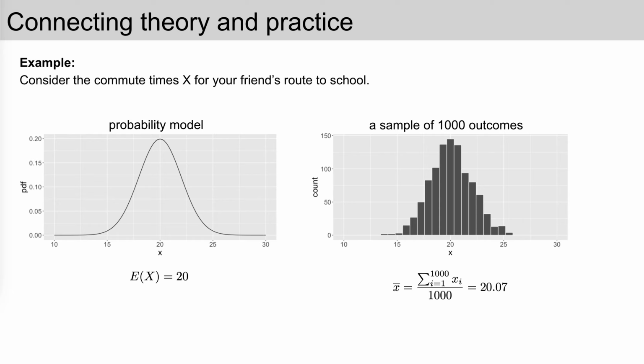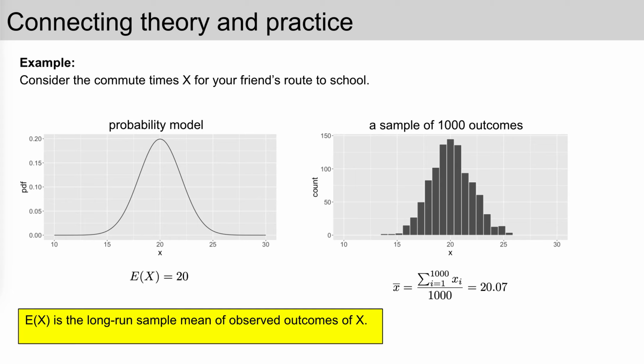Just as the distribution of these sample outcomes approximates the underlying probability model, that is, the histogram looks very much like the PDF, the observed mean commute time on these days, at 20.07 minutes, approximates the underlying expected value, 20 minutes. Thus, we can think of the expected value of random variable x as the long-run sample mean of the observed outcomes of x. That is the average value if we observe x over and over and over and over.